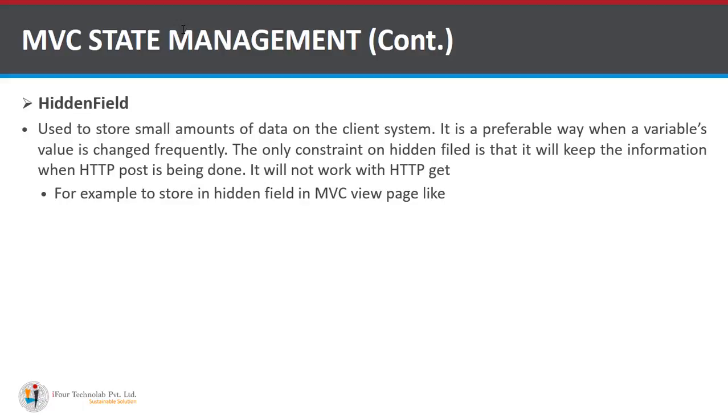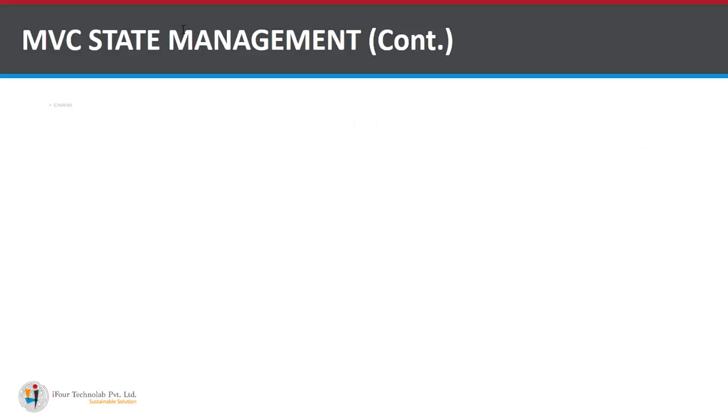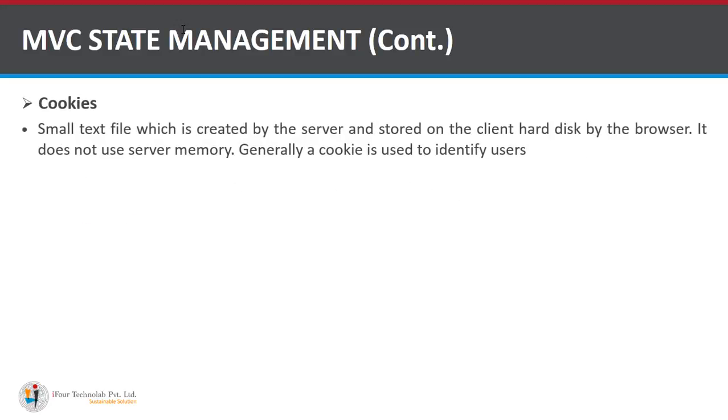For example, to store a hidden field in an MVC view page, you have to use Html.HiddenFor. It will store the ID in your hidden field. Next one is cookie, a small text file which is created by the server and stored on the client hard disk by the browser. It does not use server memory. Generally, a cookie is used to identify users.